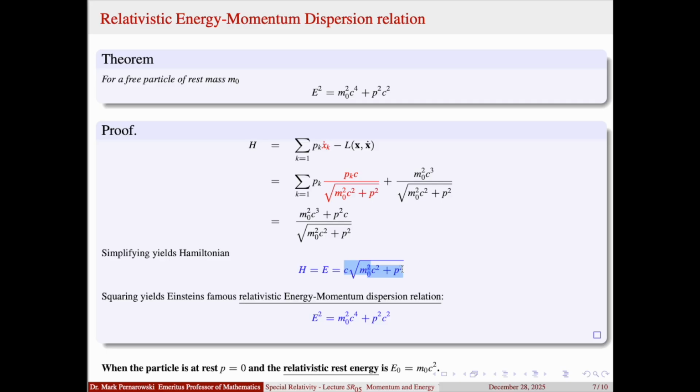If you square both sides, you get something called the energy-momentum dispersion relation that Einstein famously first derived. This was in fact how Einstein got this expression, the energy dispersion relationship. And once he had this, he said, look, if the particle has no momentum, then it's at rest, and I get E equals mc squared.